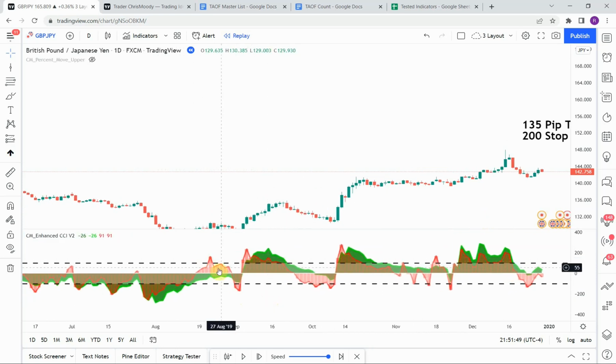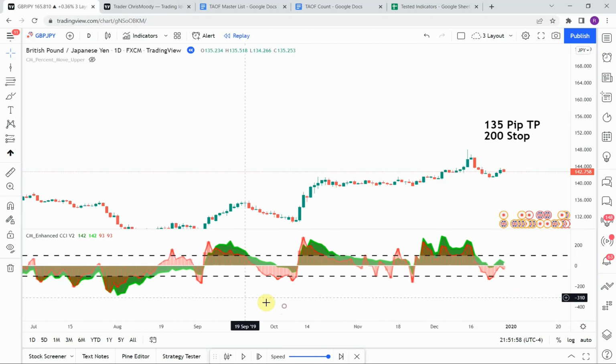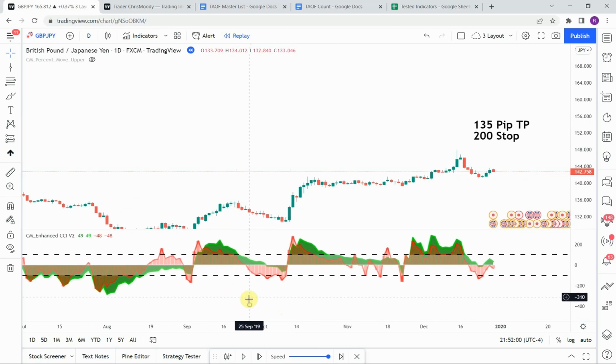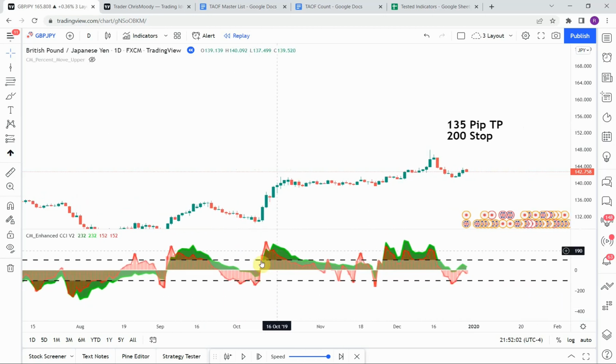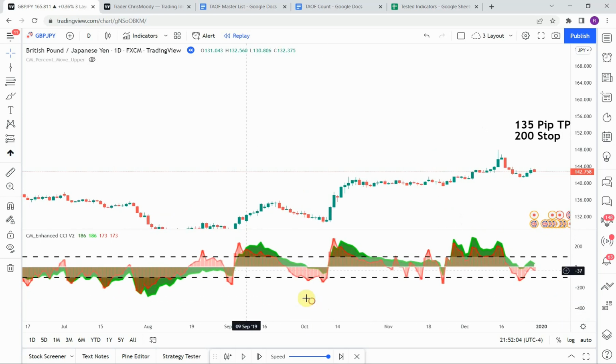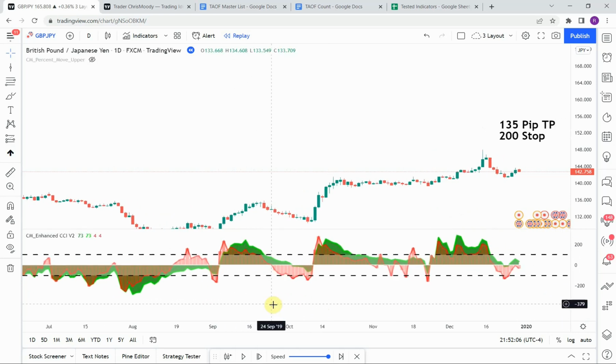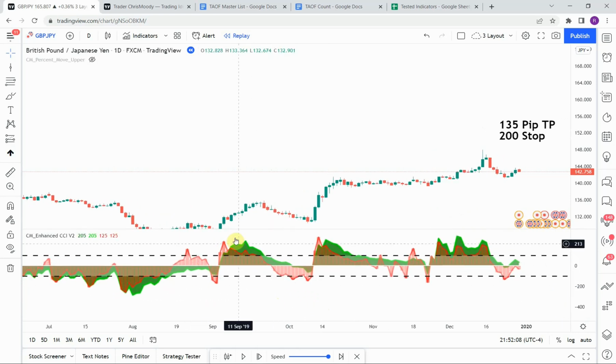You can see right here on this one, it didn't. All we got was that red line that came up and made the break, but it was not accompanied by the green line. Once we get that break either to the upside or to the downside, we'll use this area right here as another example. What we look for is that break to the upside, and then we are looking for the moment where that green oscillating line crosses back down below the dashed line on the upside here.